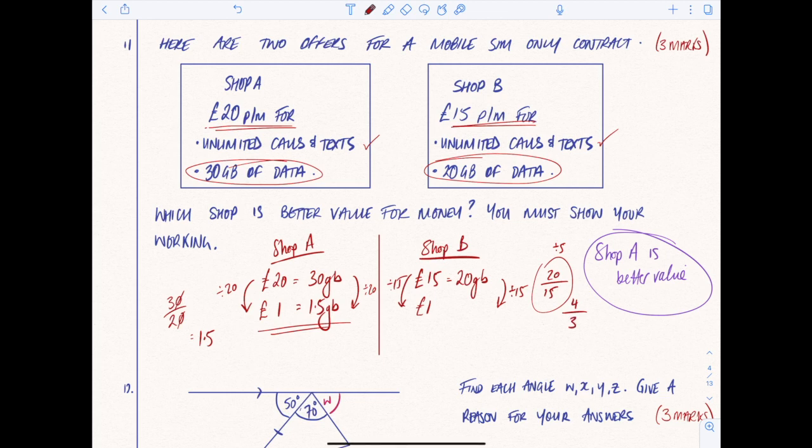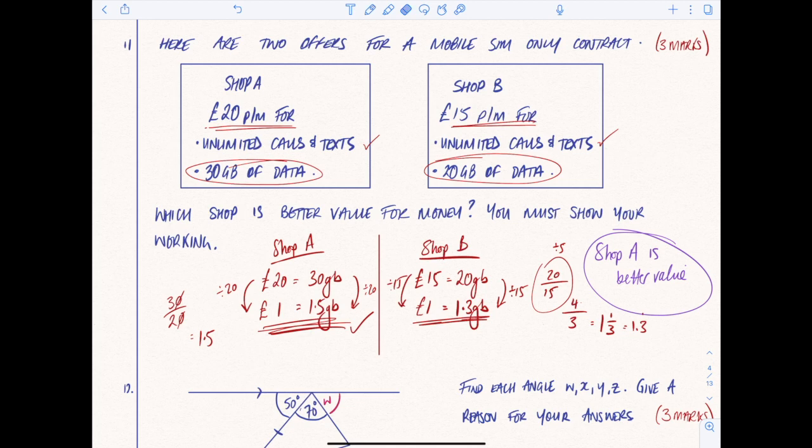So it becomes 4/3, which is 1 and 1/3. So 3 goes into 4 once, with 1 left over, which is 1.3 recurring. So for £1, I get 1.3 gigabytes. And in Shop A, for £1, I get 1.5 gigabytes. So that's better value for money again. That way is a little bit harder to work out.